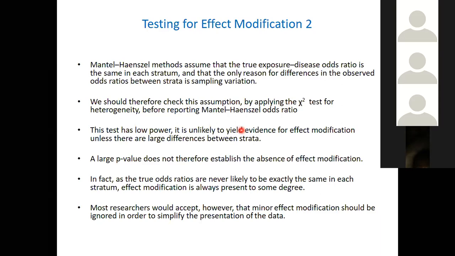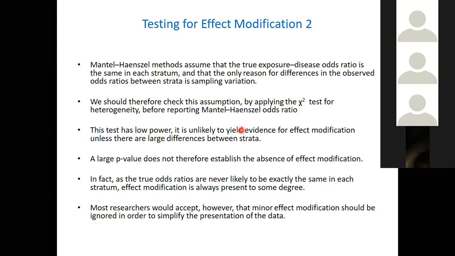The test has low power. That's one of the major problems. The chi-square test for heterogeneity has low power. It is unlikely to yield evidence for effect modification unless there are large differences between the strata. So if there is a small difference, you may not detect it. A non-significant value does not therefore establish absence of effect modification.